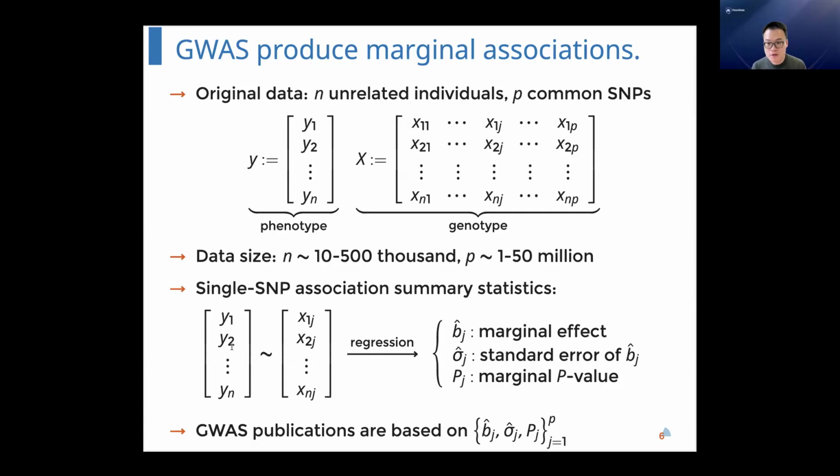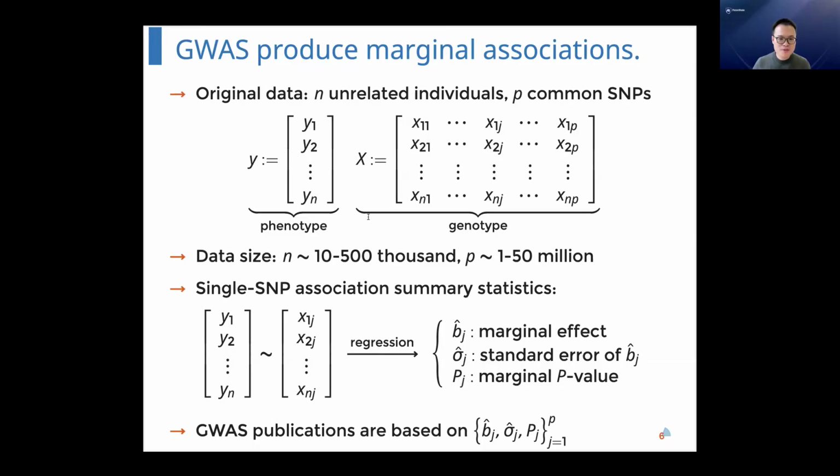We can further summarize the result as B hat J, the marginal effect size for SNP J, sigma hat J, which is the standard error for the marginal effect size estimate, and also P J, the p-value for the marginal effect size estimate. GWAS publications will usually release these 3 summary statistics for each SNP, whether it's significant or not. They just release all the results as part of the publication process.